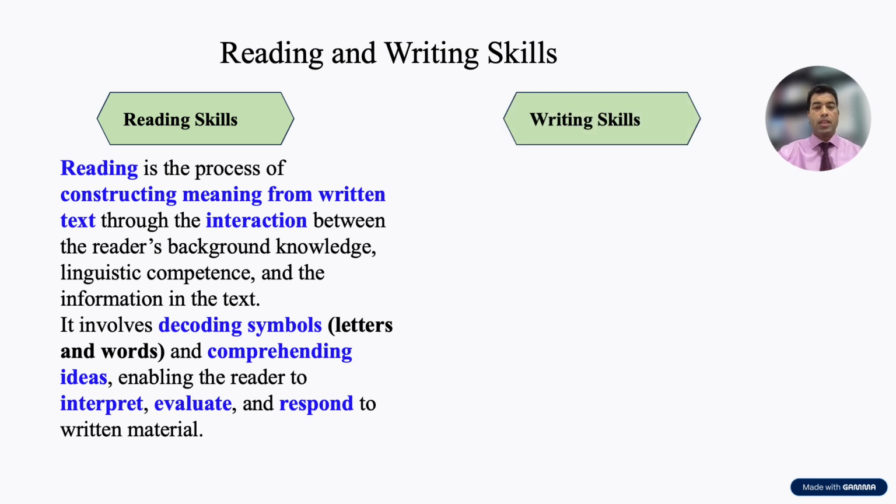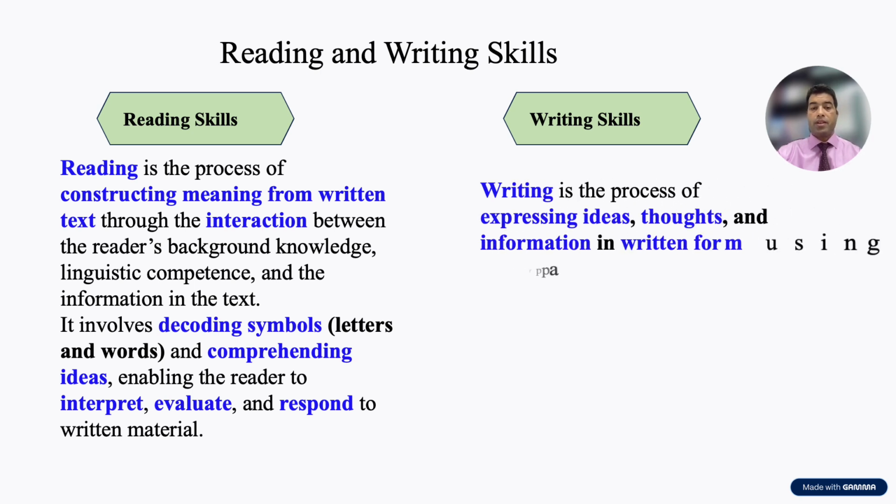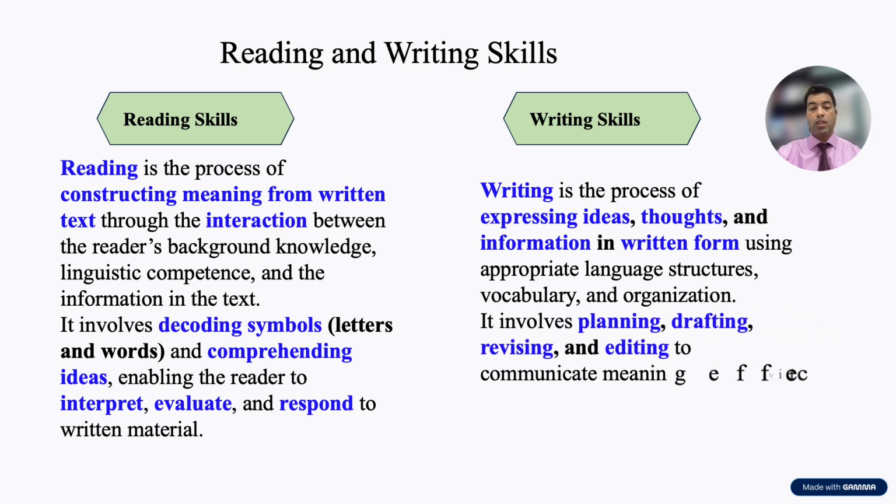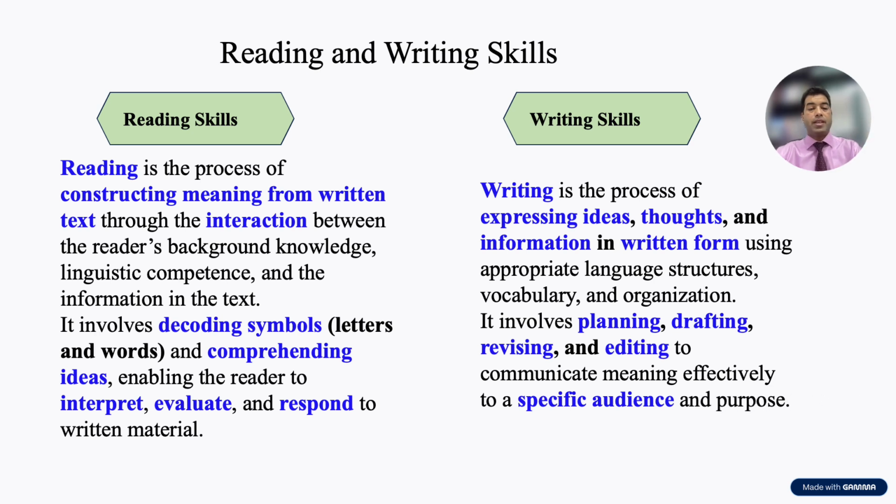to the written material. If we talk about writing skill, writing is the process of expressing ideas, thoughts, and information in written form using appropriate language structure, vocabulary, and organization. So it is a written format of expressing our ideas. In writing, the first stage is planning.